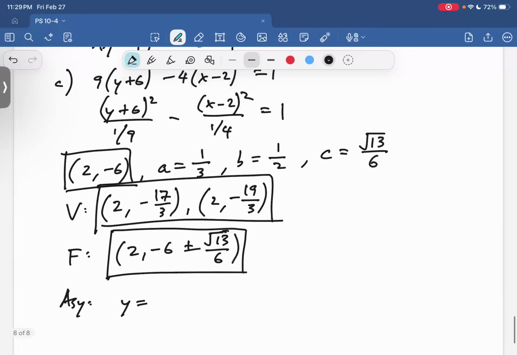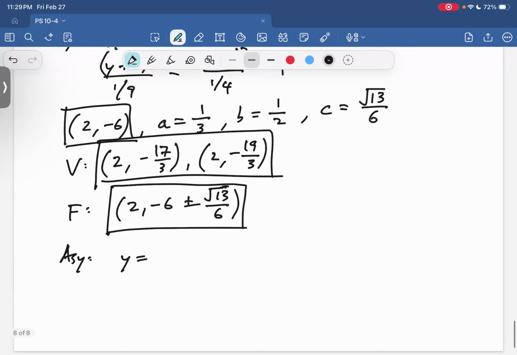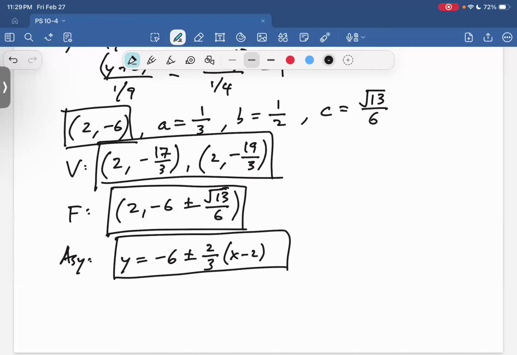So now the asymptotes is going to be y equals k, which is -6, plus or minus. This is vertical, right? So it's going to be a over b. A over b is 2/3 times x minus h, so x minus 2. And I'm okay with it being left like that.